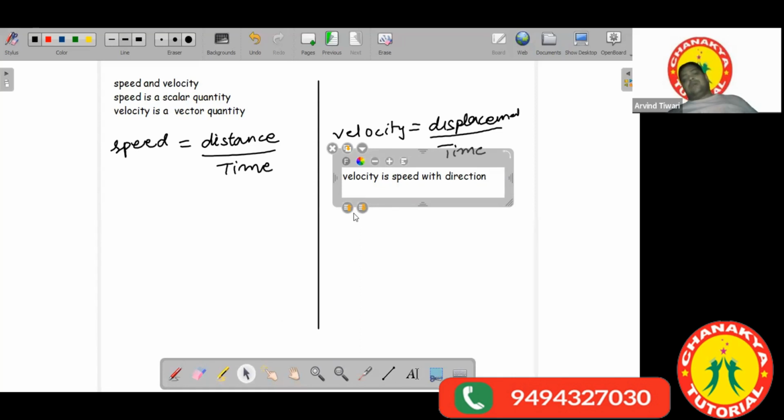Okay. So here I will give you a small question to understand the difference between speed and velocity.